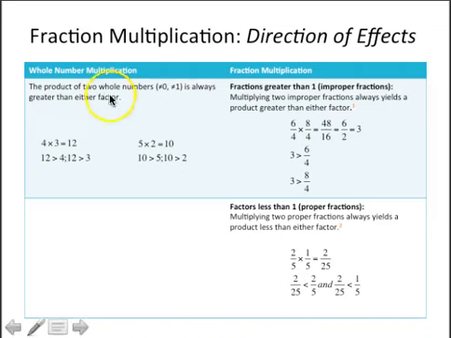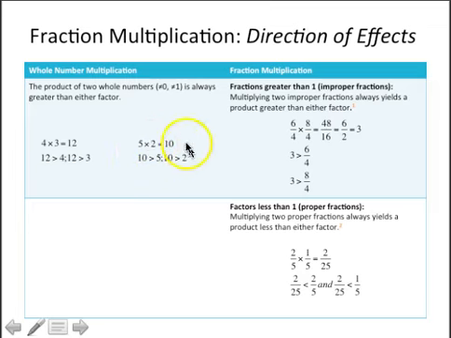So for whole number multiplication, the direction of effects rule says that the product of 2 whole numbers is always greater than either factor. So as an example, 4 times 3 is 12. The product 12 is greater than 4, and it's also greater than 3. For 5 times 2 equals 10, our product 10 is greater than 5 and also greater than 2.